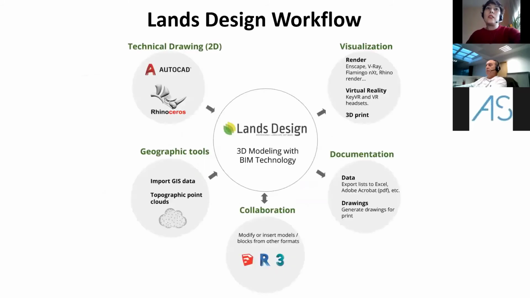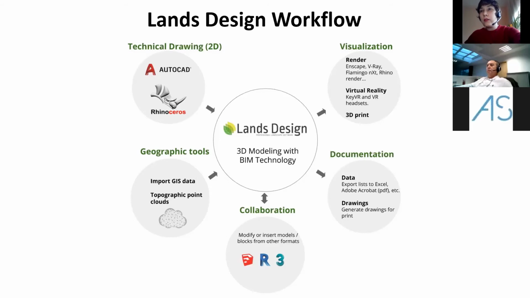In this slide, you see the workflow of landsdesign that we recommend, which includes 2D drawing in AutoCAD or in Rhino, and you can continue modeling the landscape with landsdesign. For visualization, you apply a kind of render which is compatible, like V-Ray, Enscape, Flamingo, Twinmotion, or other kind of renders.